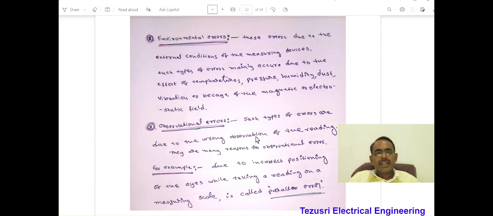Next, observational errors. Such type of errors are due to the wrong observation of the reading. There are many reasons for observational errors. For example, due to the incorrect positioning of the eyes while taking a reading on measuring scale. This error is called parallax error.